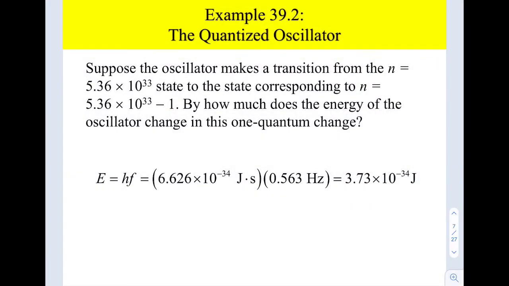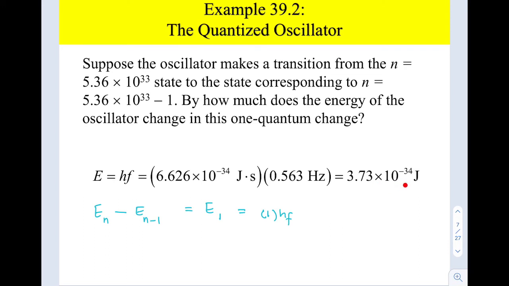So as we know, E is equivalent to hf, and if we want to figure out En minus En minus 1, it is equivalent to one level, isn't it? That is why it is equivalent to 1 times hf only. Your final answer is 3.73 times 10 to the power of negative 34 joules.